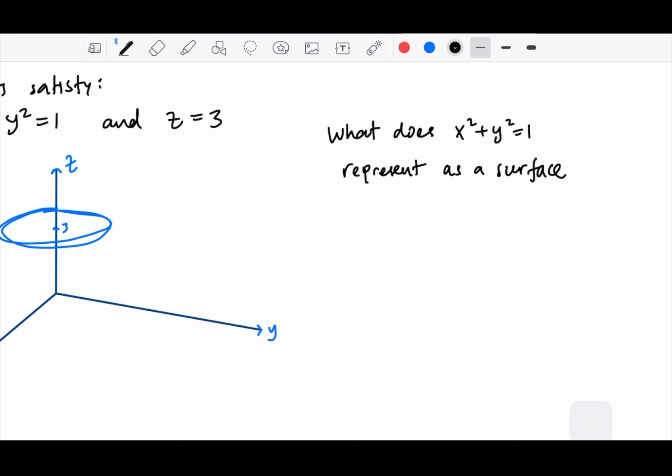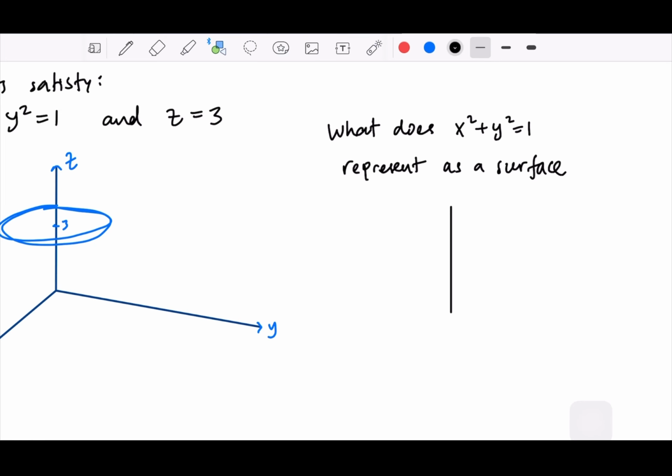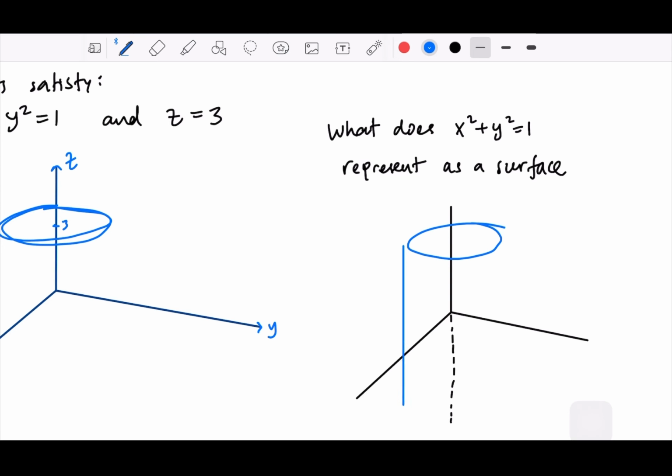Without any boundary for z, we will have a cylinder.